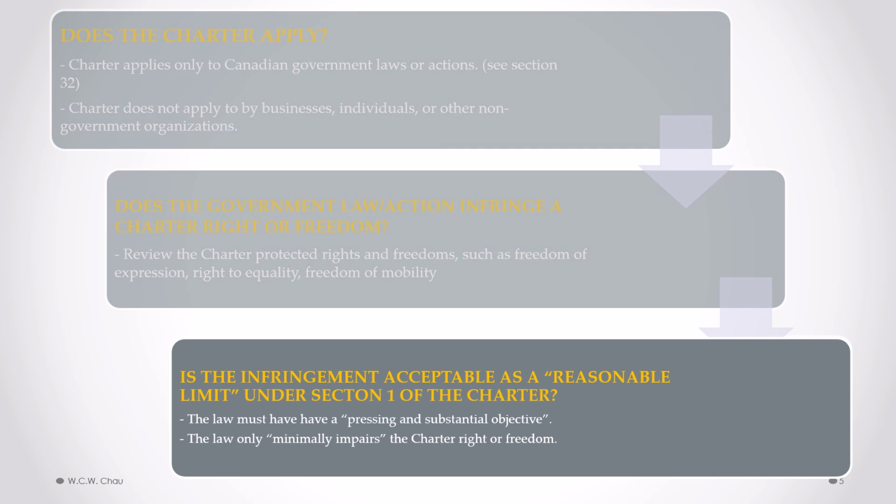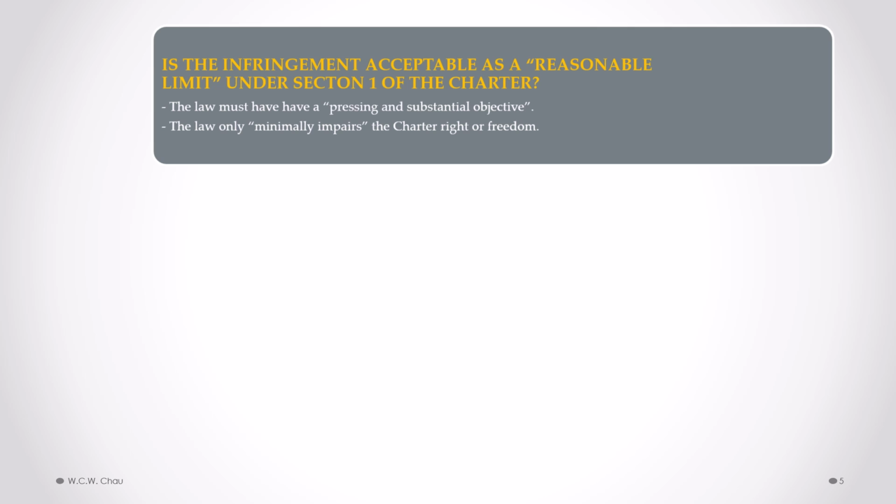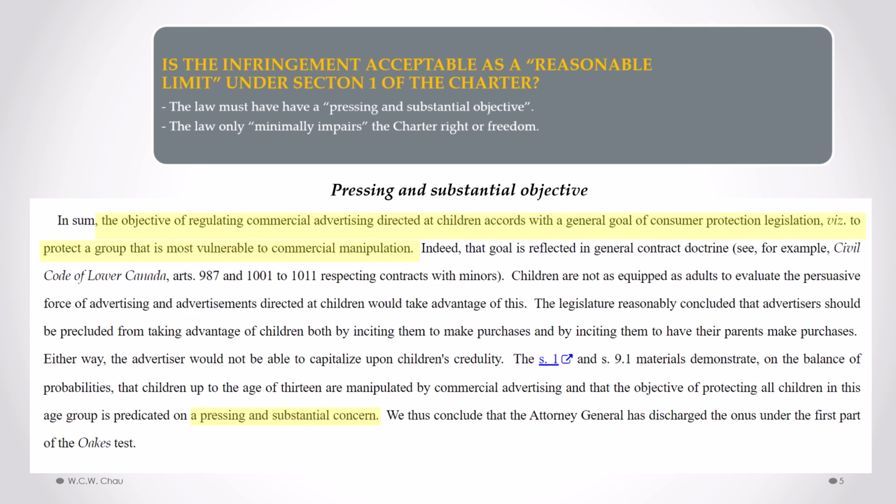The third and last question that we need to consider and answer is, is that infringement of freedom of expression acceptable as a reasonable limit under Section 1 of the Charter? To determine if it is a reasonable limit, the first requirement is that the law must have a pressing and substantial objective. So does this Quebec law have a pressing and substantial objective? The court, with respect to that issue, said yes, it does.